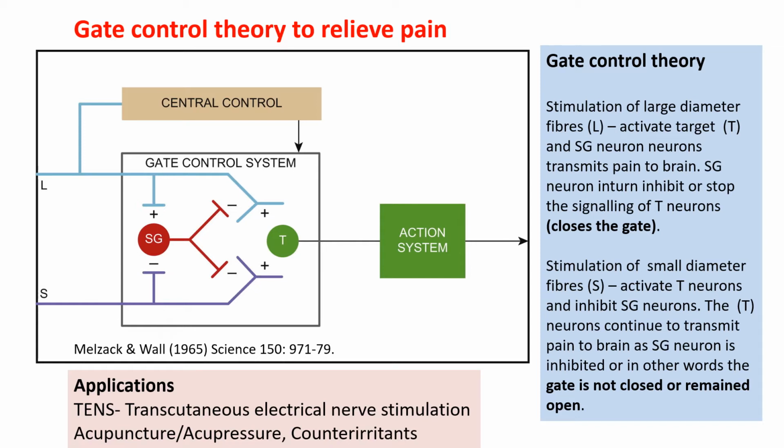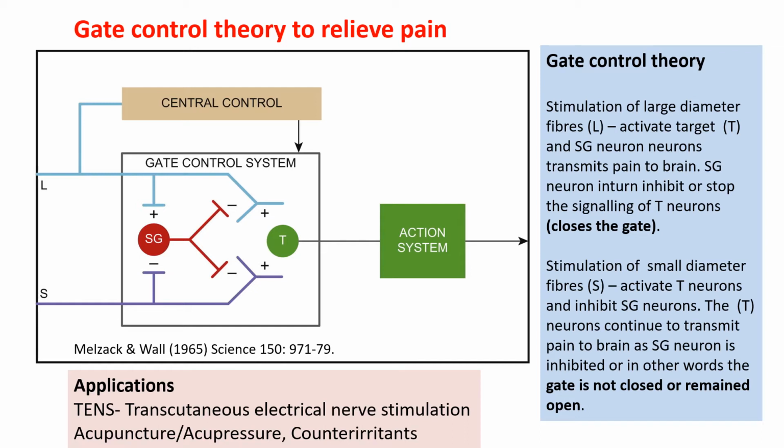Similarly, acupuncture, the needle irritating the large diameter fibers, would again inhibit the transmission of the pain. Counter irritants also work on a similar basis. So this is the basis for gate control.